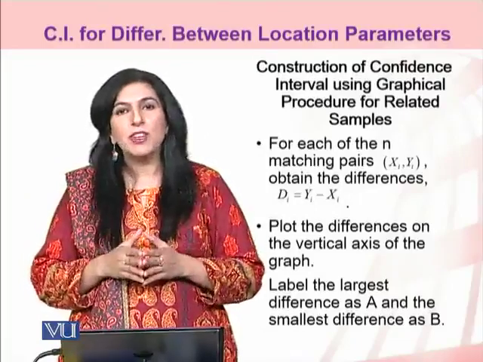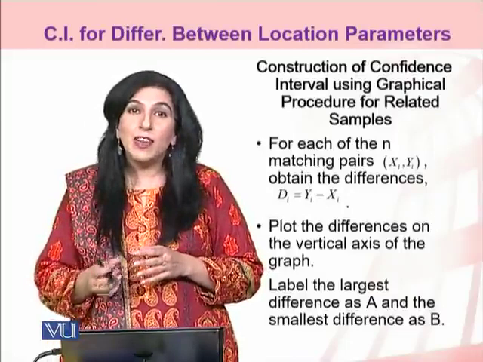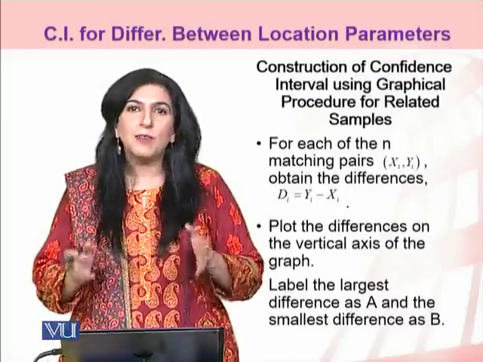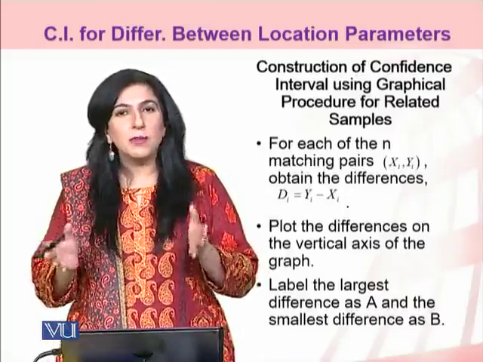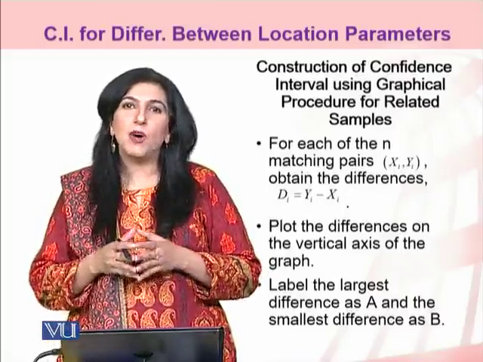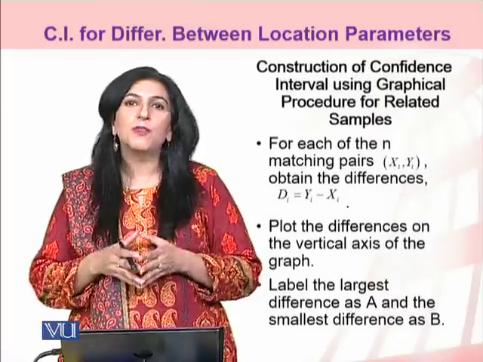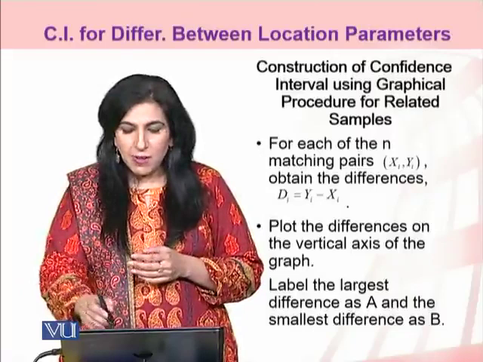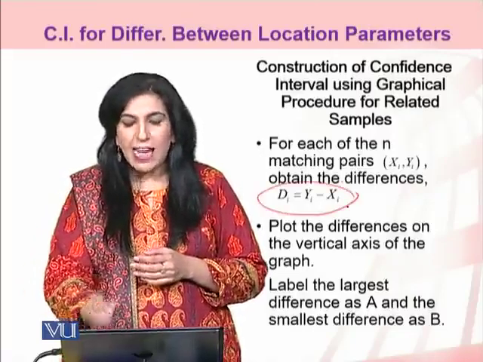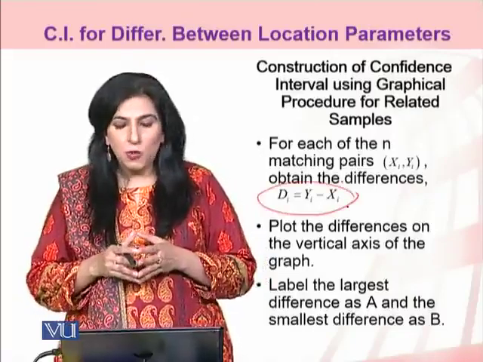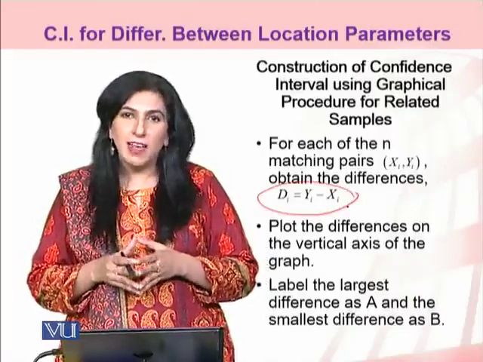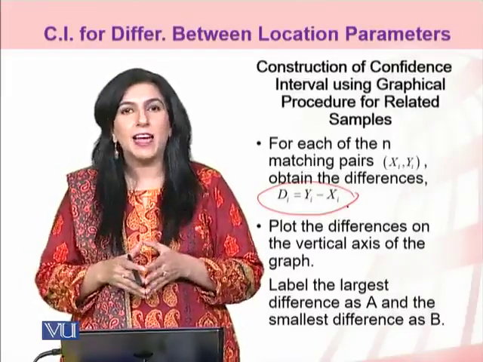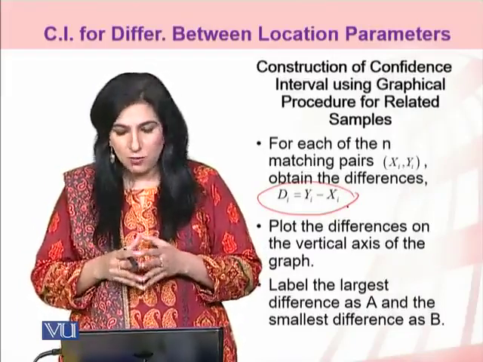The first thing you need to do is to calculate the differences between the two samples that are observed or taken from two populations. The difference is to be calculated using yi minus xi, where yi and xi are two sets of observations.